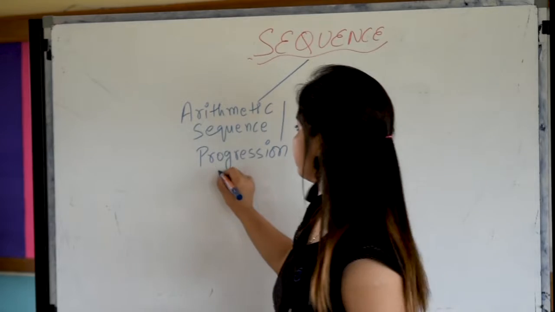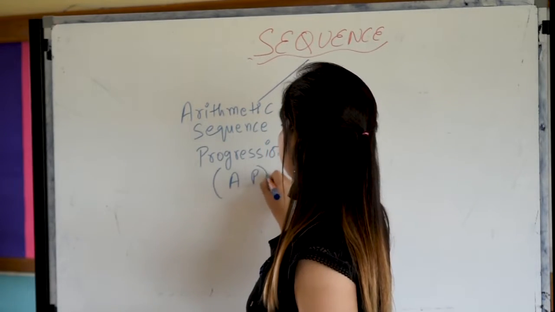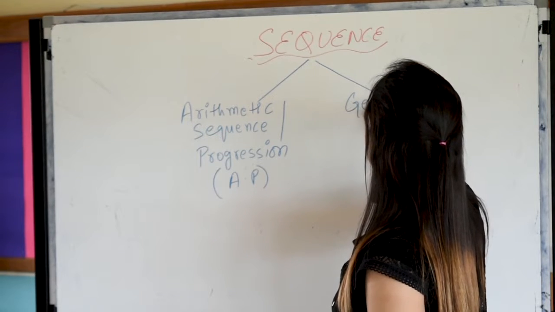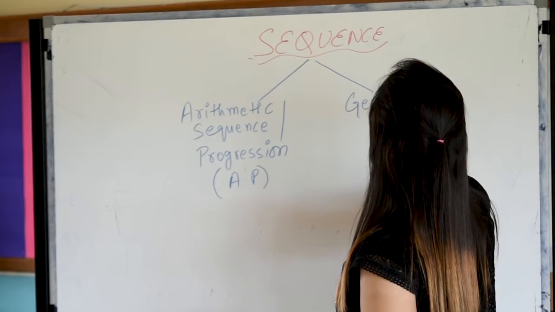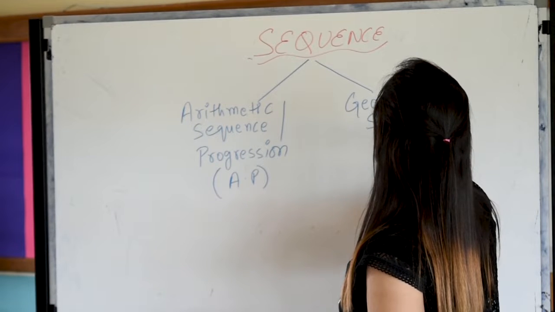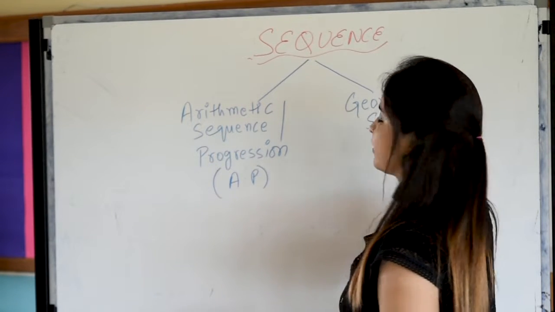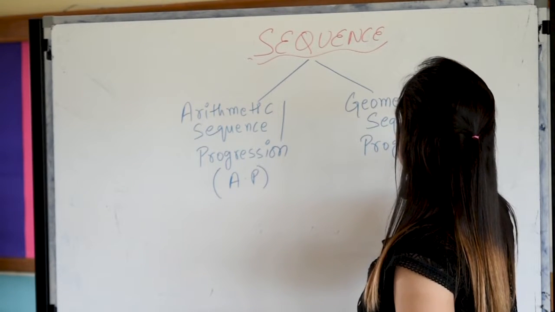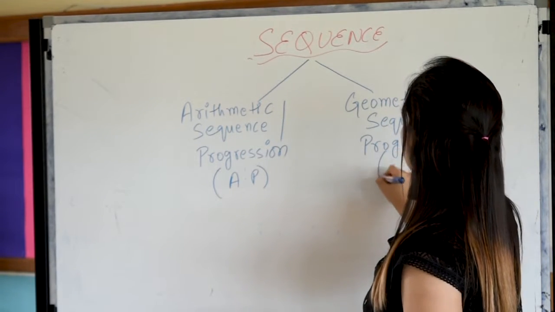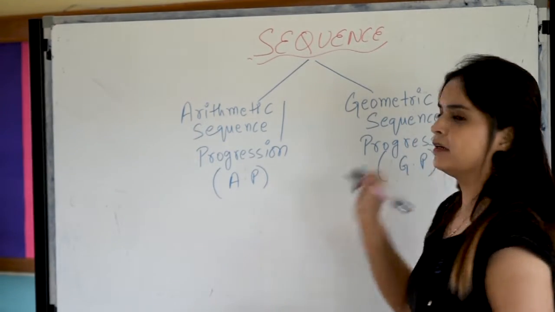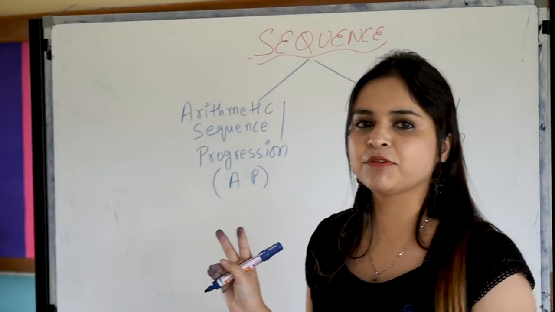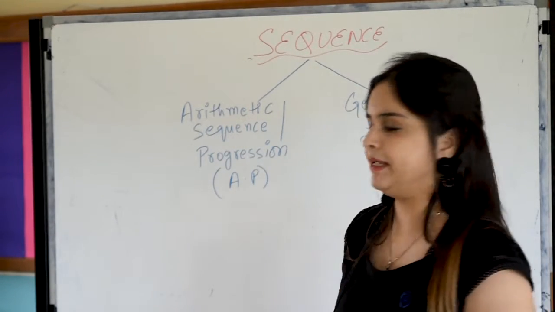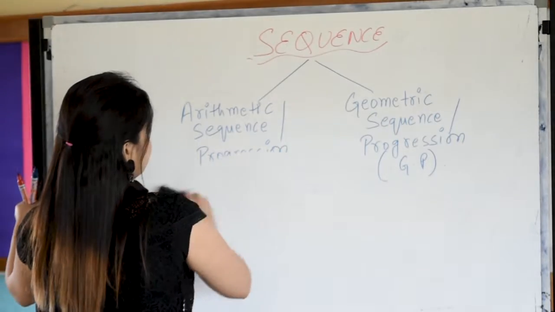In the short form, you say AP. Okay? And the second type of sequence is geometric sequence, or you can say geometric progression, also known as GP. Okay, so we have two types of sequence, AP and GP. Let's start with AP. What is an AP?